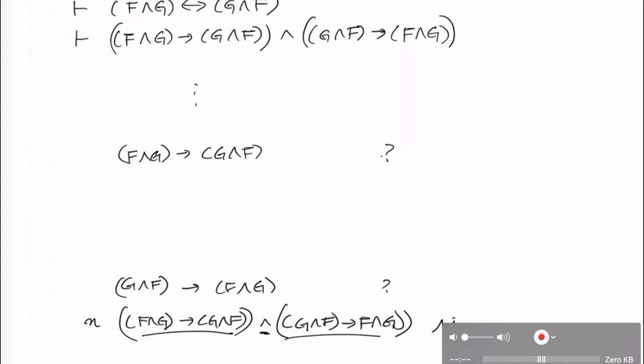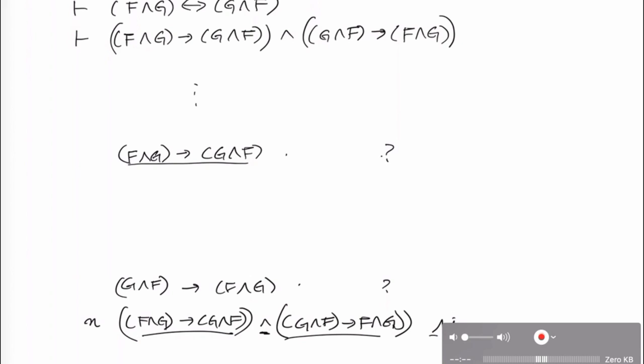I don't have justification yet, but if I can prove this and also the other one, using these two guys and conjunction introduction, we can get the last line. So now we have to look at only this.